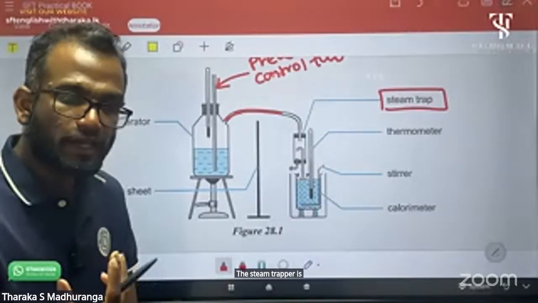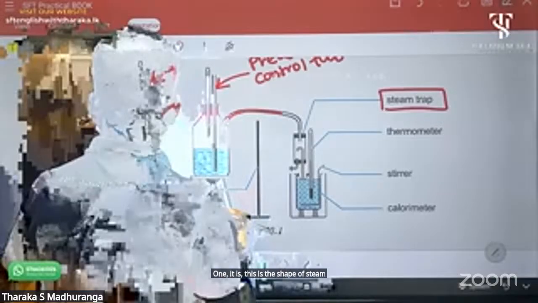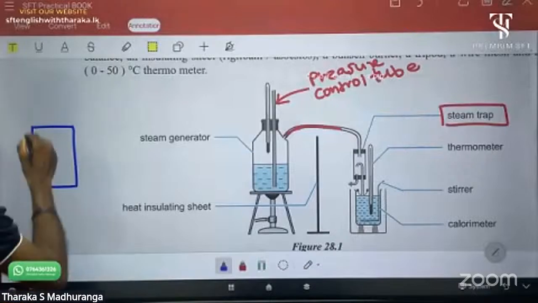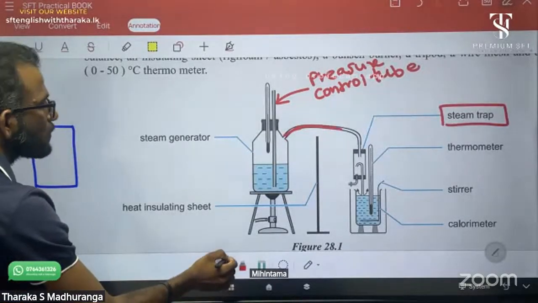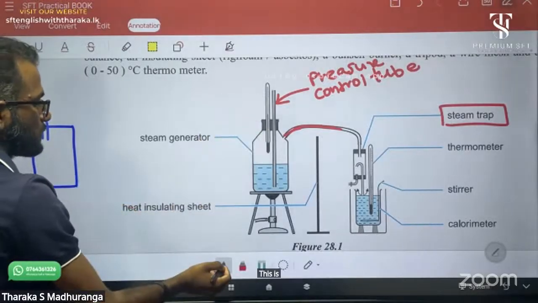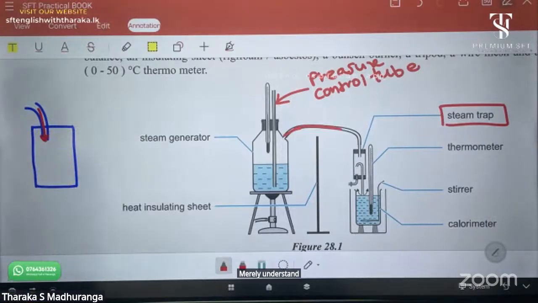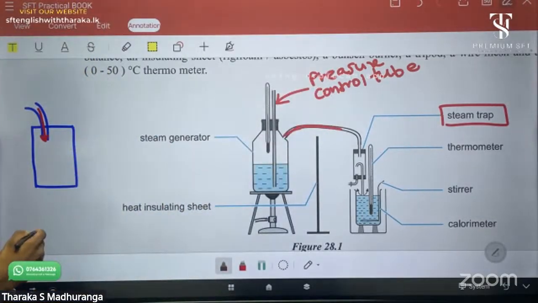It's a box like this. This is the steam supply tube. Clearly understand, this is the steam supply, right? And there is a tube like this.